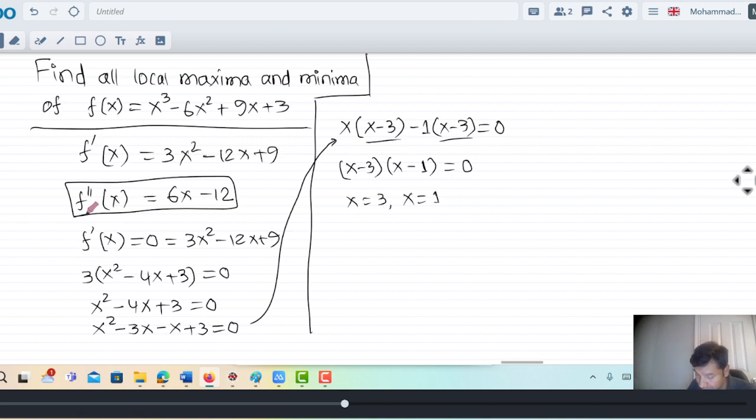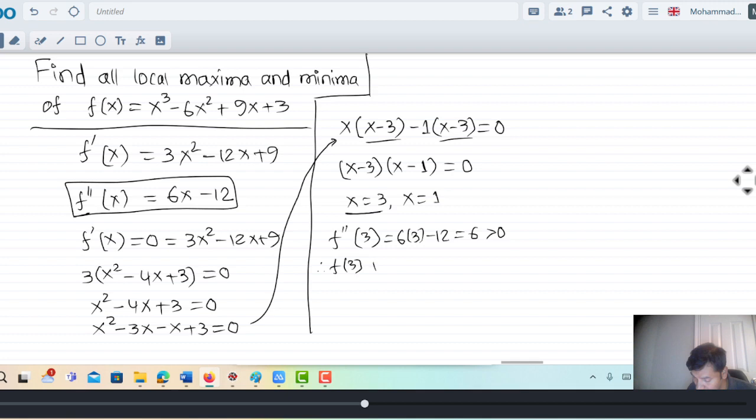Now plug in x equals 3 first. The second derivative at 3 is 6 times 3 minus 12, which is 18 minus 12, which is 6. That is positive. That's why the function at 3 is a local minima.